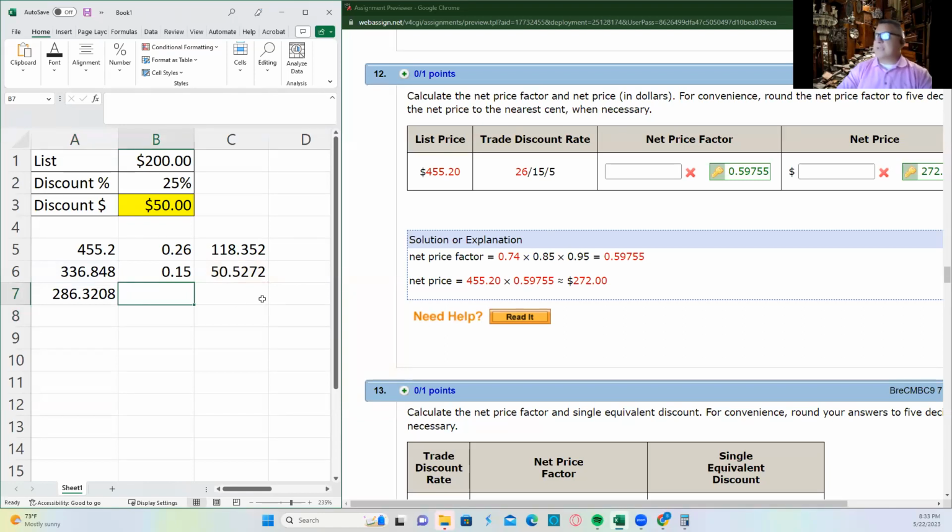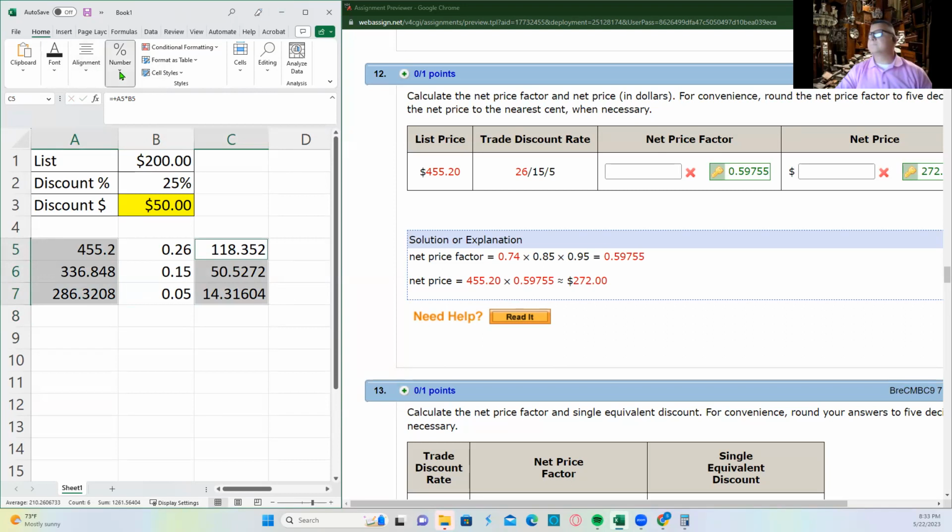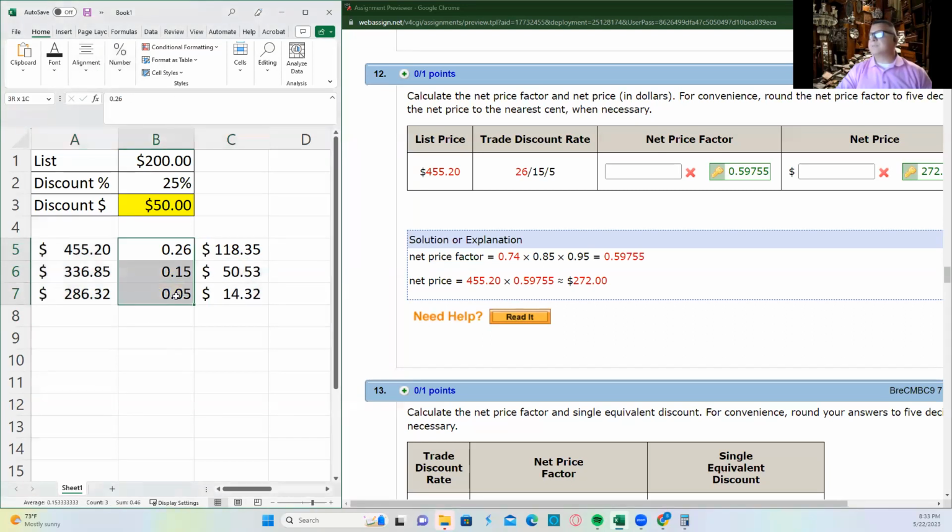And then we get one more discount of 5%, which is 0.05. So this times 0.05. Okay, and let's turn these into money. Turn these into percentages.